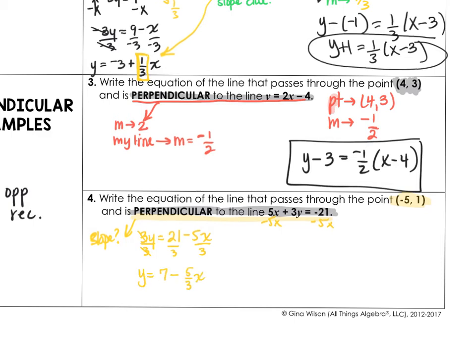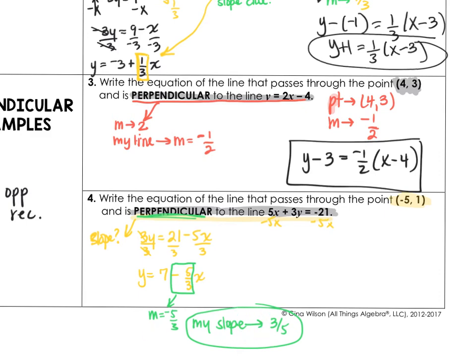So this guy's slope, not my slope, is negative 5/3. So the slope of the line I'm trying to create should be positive 3/5, because my line is perpendicular to that line.